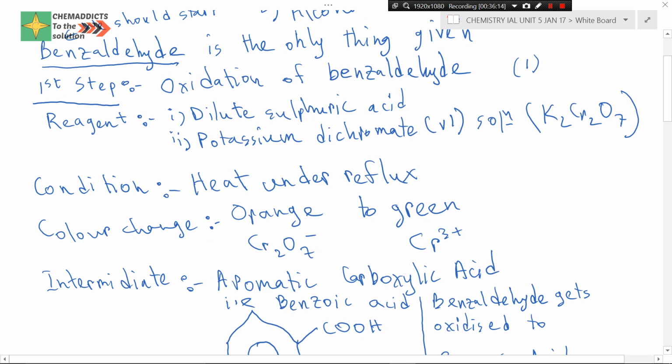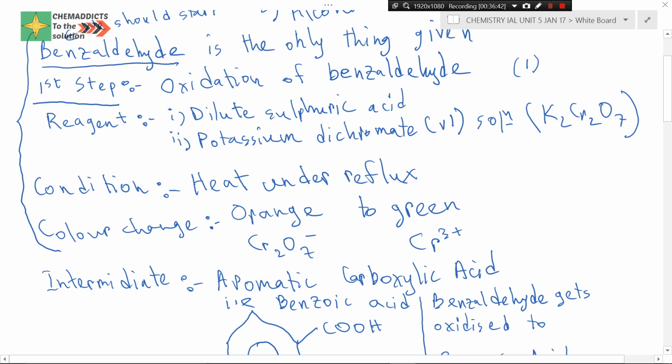Let us see how they have marked. According to the mark scheme, for mentioning the oxidation of benzaldehyde and the reagent condition, including the color change, we get 1 mark.